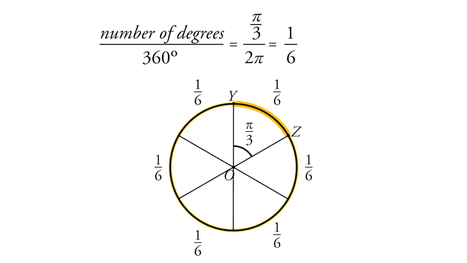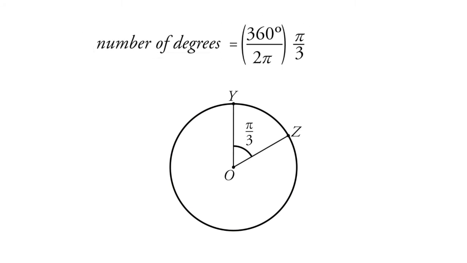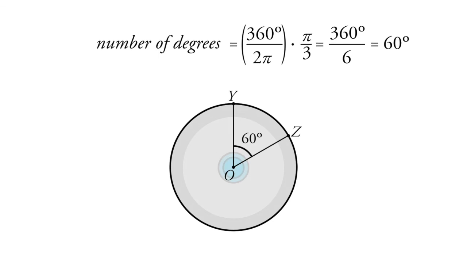But even if you weren't able to look at that and see that pi over 3 is 1/6 of 2 pi, we can just do it as a ratio. So we can say 360 degrees over 2 pi times pi over 3 is equal to 360 over 6, which is equal to 60 degrees. 60 degrees. So 1/6 of the fountain's been completed.